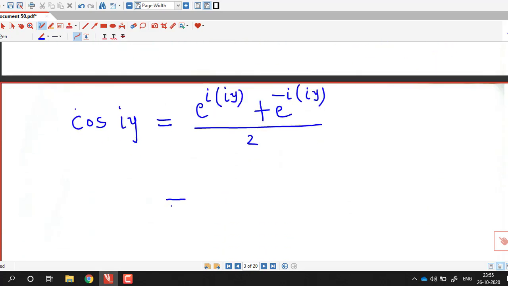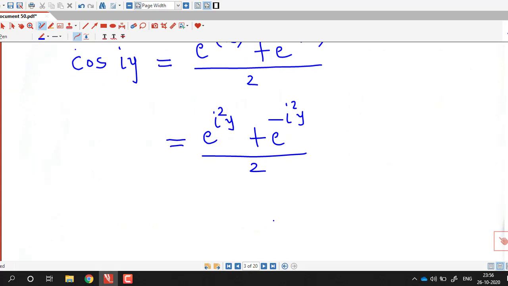So this we can rewrite as e to the power i square y plus e to the power minus i square y over 2. And as we know, i square is minus 1. So if we put i square equal to minus 1, we have e raised to minus y plus e raised to y over 2.